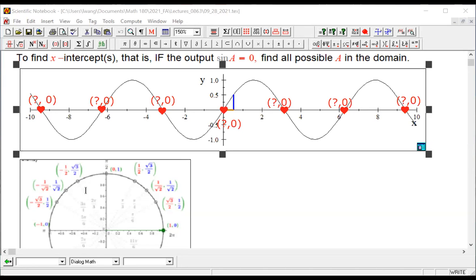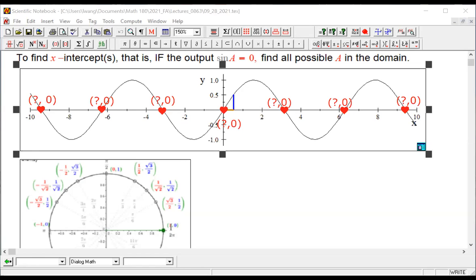Well, let's look at the unit circle. On this unit circle, we know the blue numbers are the outputs for sine, for the different angles with terminals at all these positions.